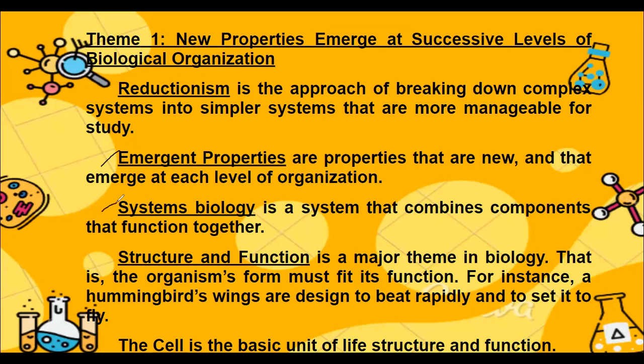Systems biology is a system that combines components that function together. This type of biology attempts to model the dynamic behavior of whole biological systems, which are based on the study of the interaction between the parts of the system.